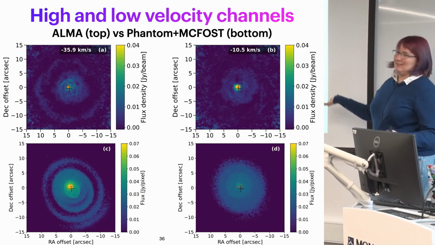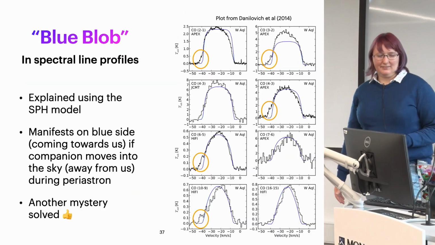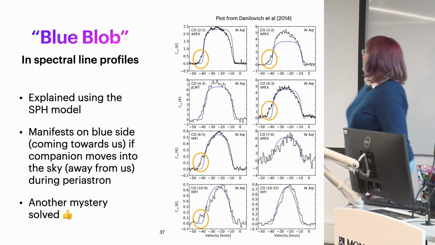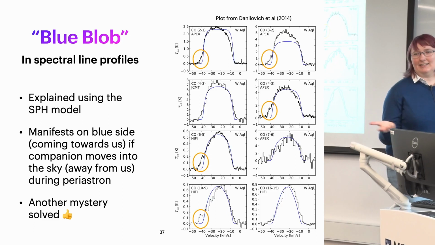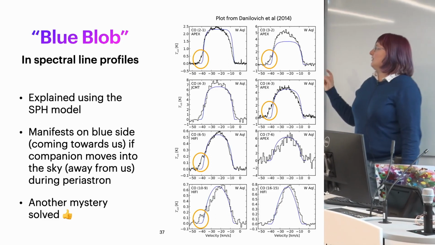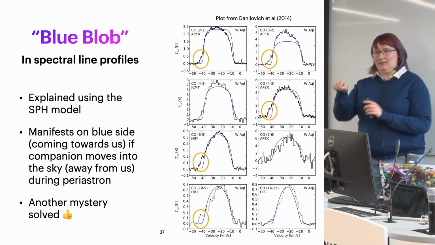So, okay, fine, but so what? That's nice, but who cares? This actually solves another long-standing mystery that has bothered me since near the start of my PhD, which is what this blue blob in the spectral lines is. It's basically explained by the companion interaction, and it also tells us which way the star has to be orbiting.